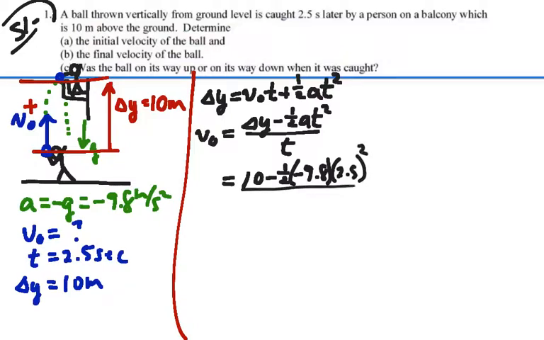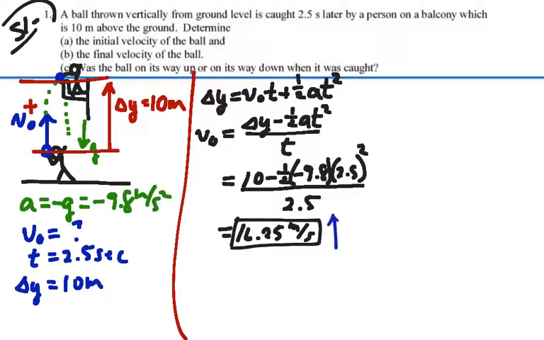Square that over our time, 2.5. So we're going to have a negative in the numerator, which is going to be positive. So I come up with an initial velocity of 16.25 meters per second, positive in the upward direction.